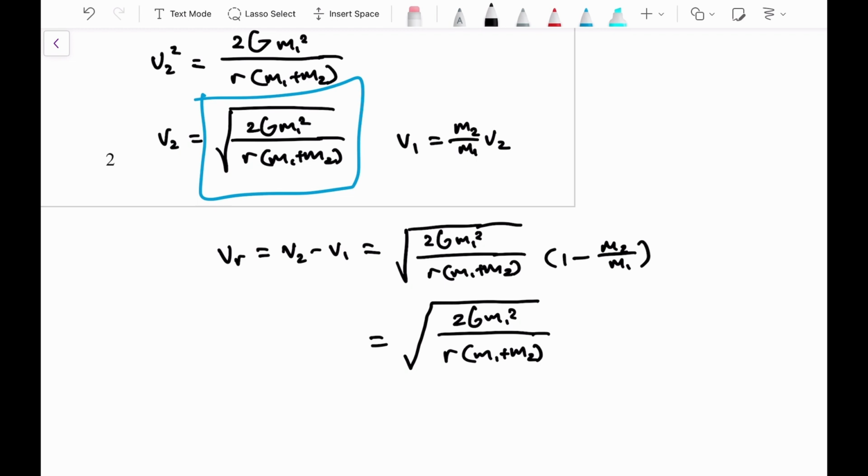And what we can write this as is m1, let's see, so this becomes m1 over m1 minus m2 over m1.